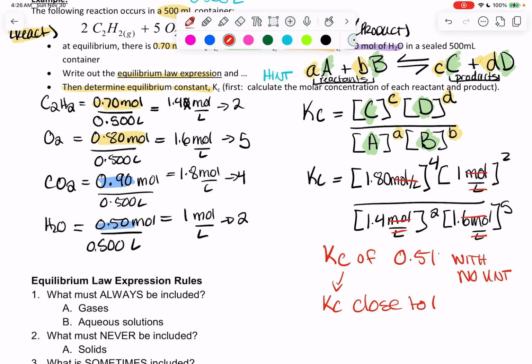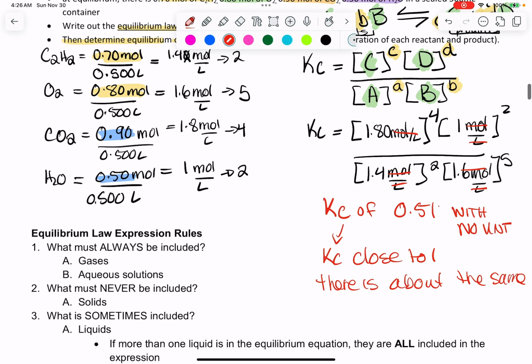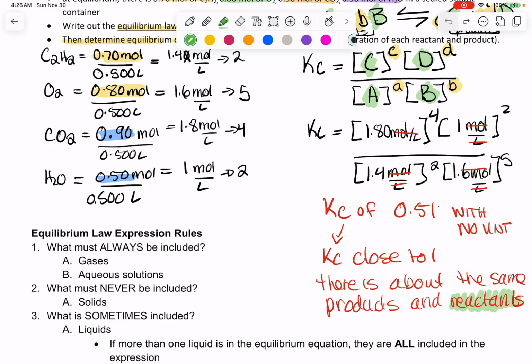So there's about the same products and reactants, with those reactants on the bottom slightly favored. These guys are slightly favored.